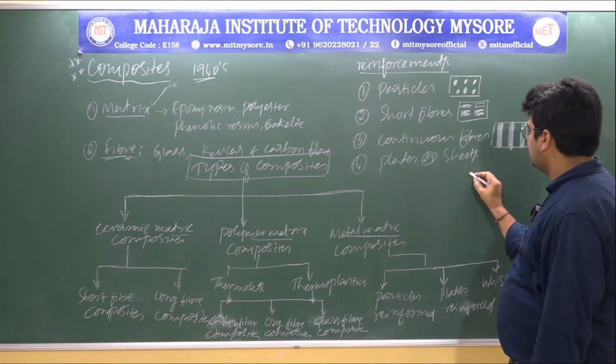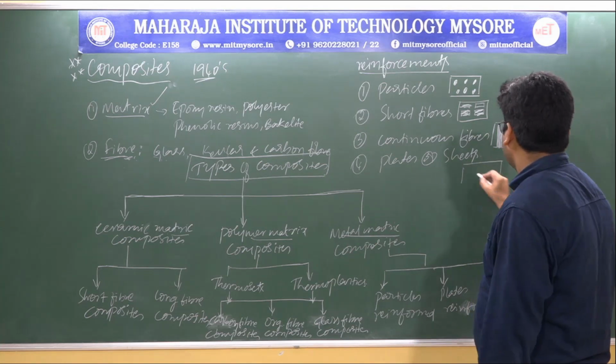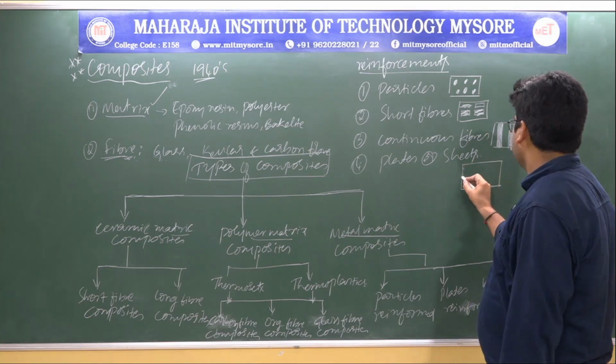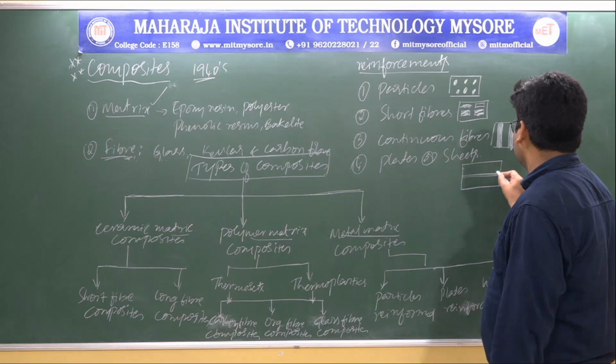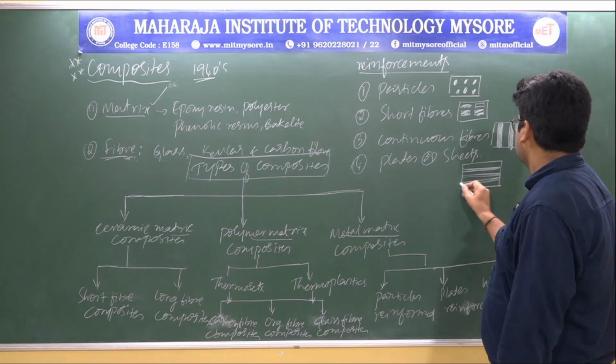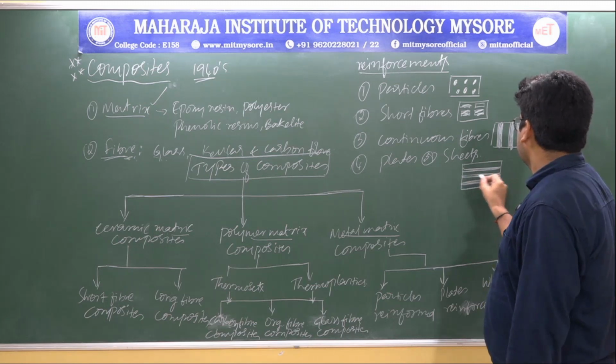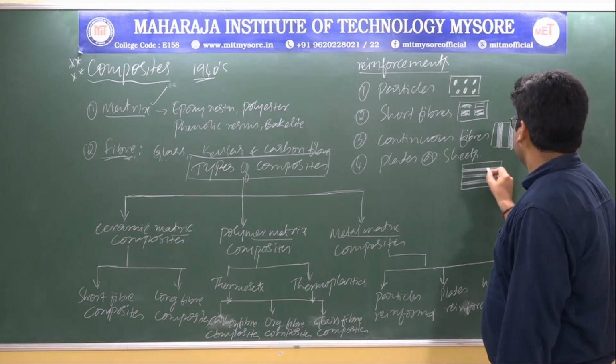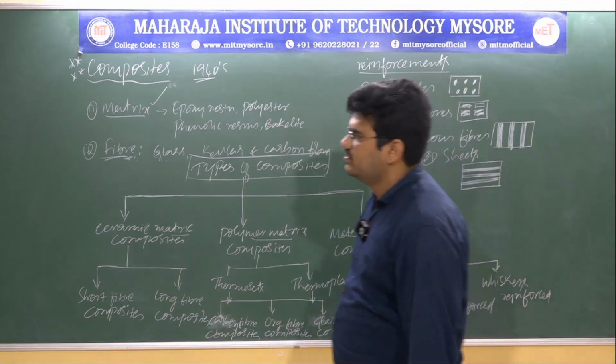Plates and sheets will be arranged in the form of sheets or plates like this. So these are all called various reinforcements that are used in composites.